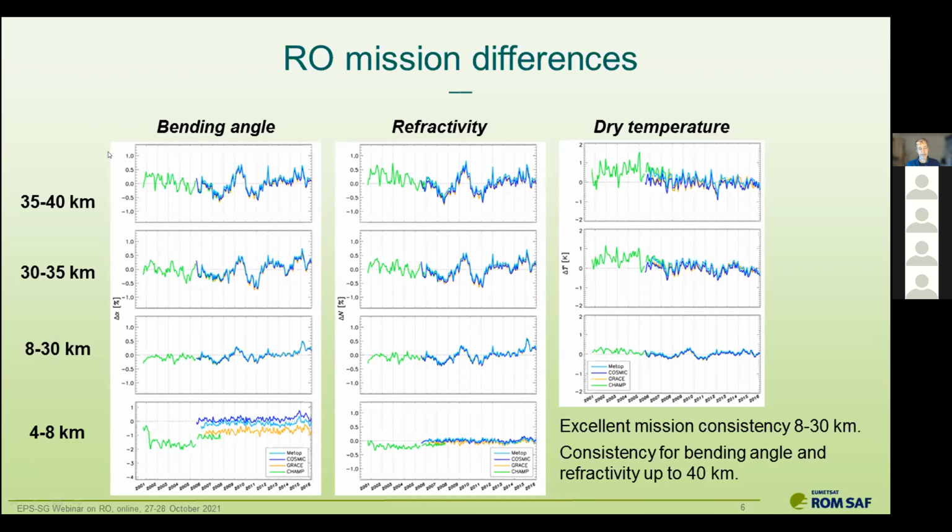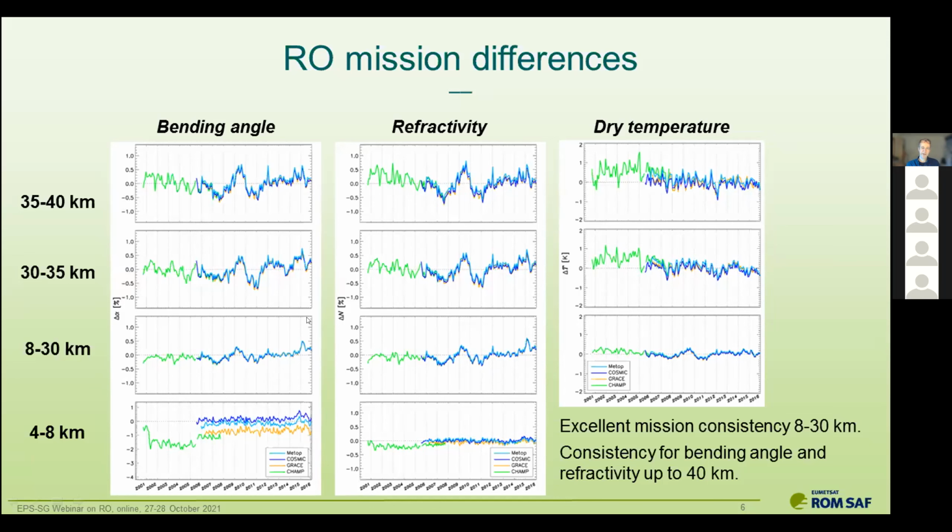And that is also the case, at least in this core region of the atmosphere that Sean talked about. So there is an excellent consistency between missions, perhaps let's say from the middle troposphere up to the middle upper stratosphere, roughly 8 to 30 kilometers in dry temperature. We can form long time series.